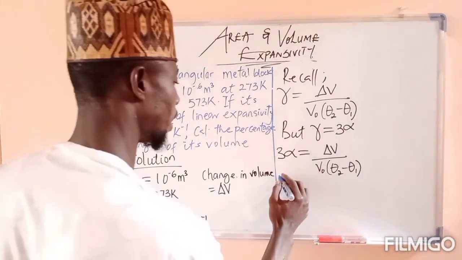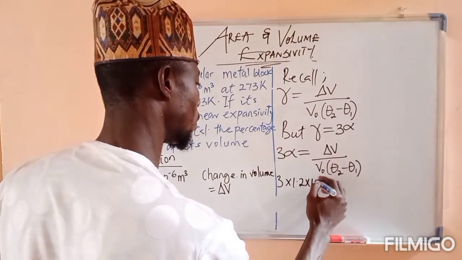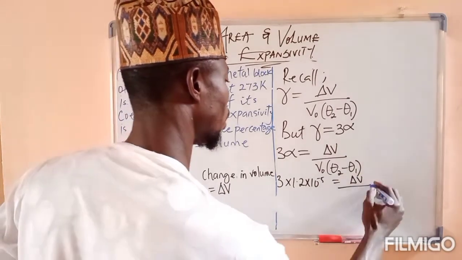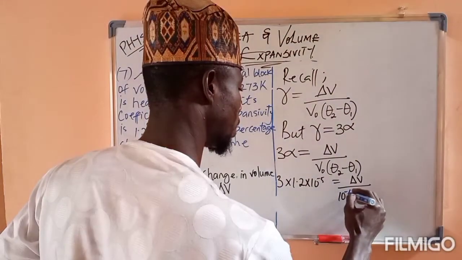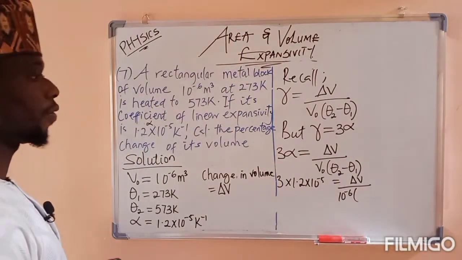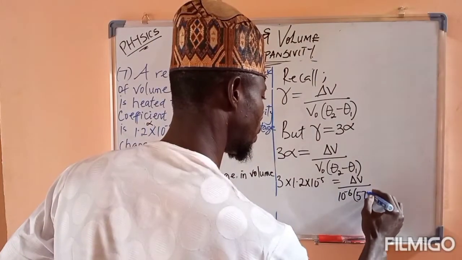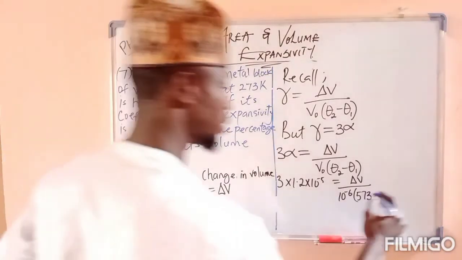What is my alpha? 3 times 1.2 times 10 raised to power minus 5 is equal to change in volume all over original volume, 10 raised to power minus 6, into final temperature theta 2, 573, minus initial temperature theta 1, 273.